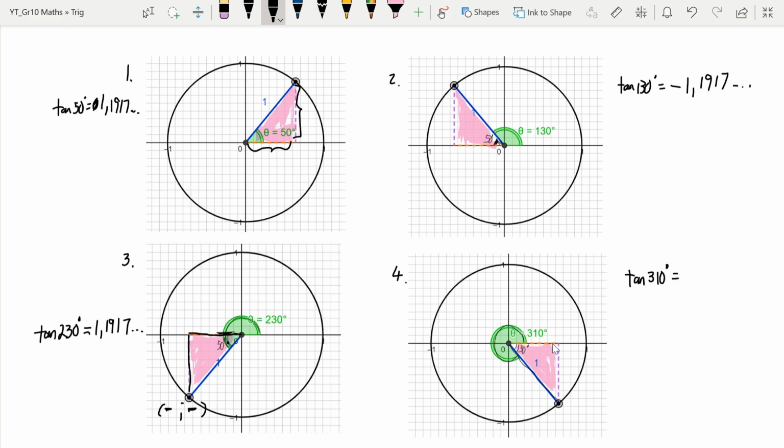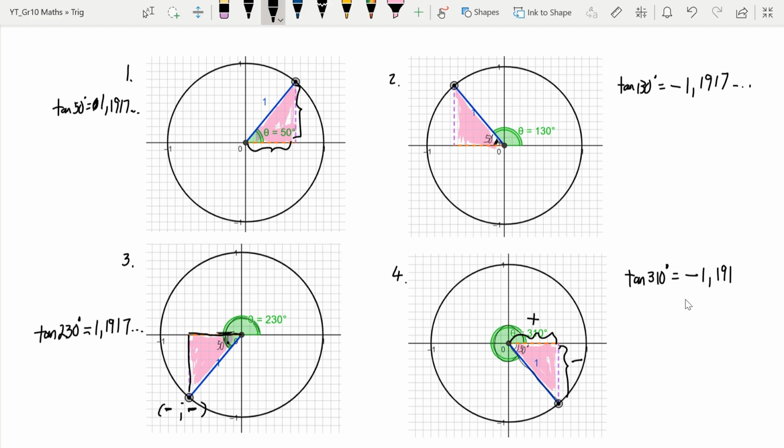But why is that? Because tan is opposite over adjacent. And in this case, my adjacent is positive, my opposite is negative, so it will give me a negative ratio. So put into your calculator tan 310, which is equal to negative 1.191. And there we go.